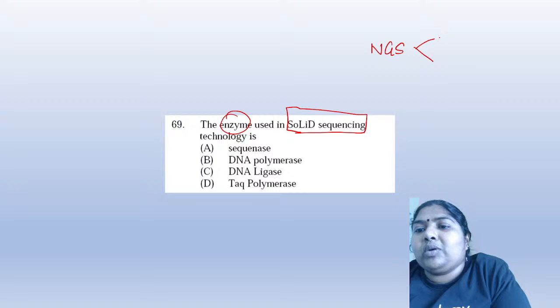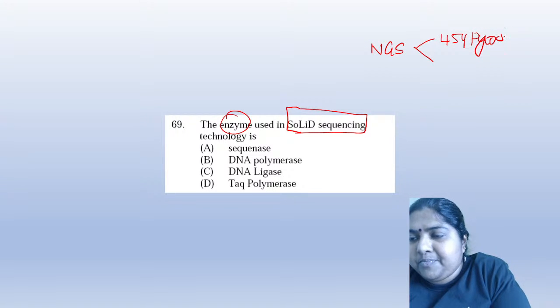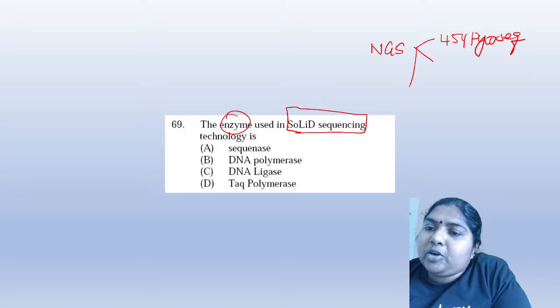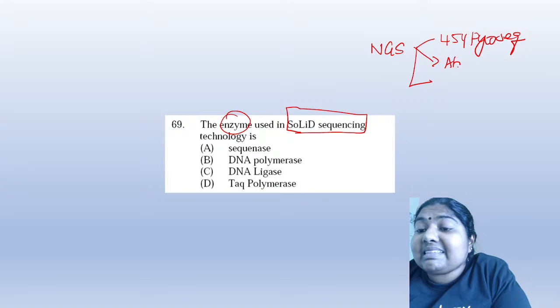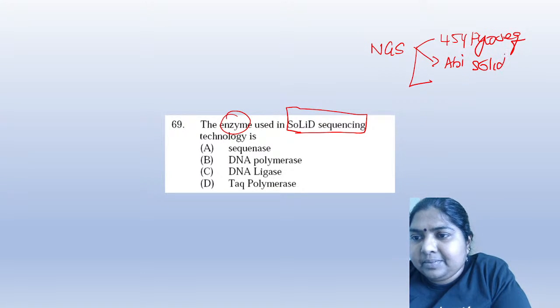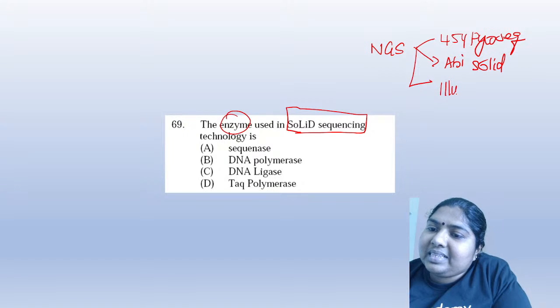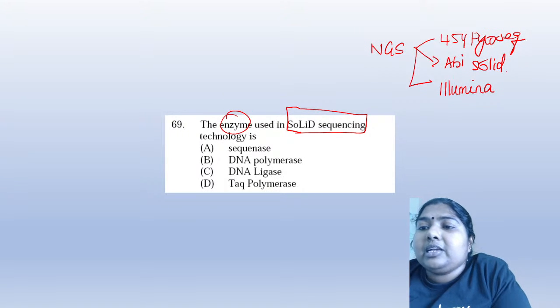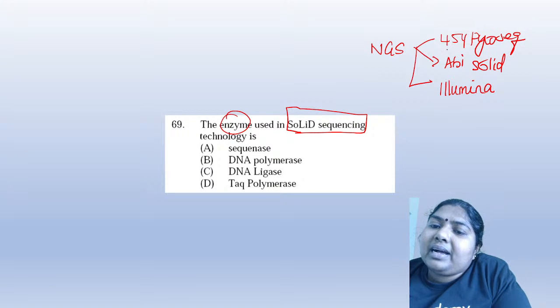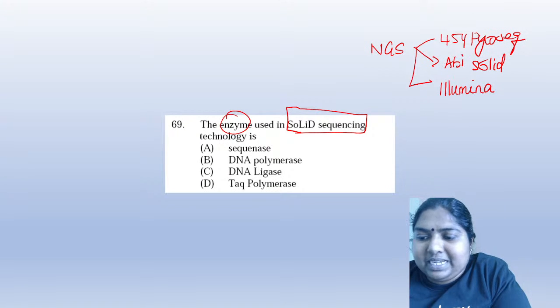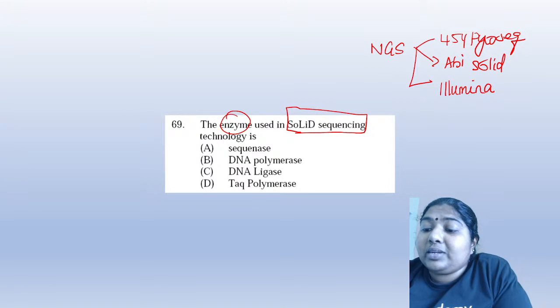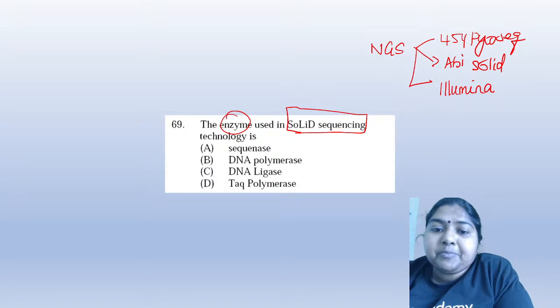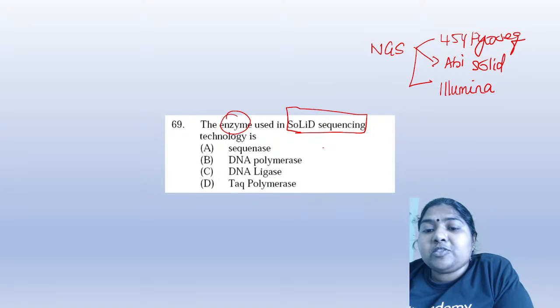Number one is 454 pyrosequencing, number two is the SOLiD method, and then the Illumina method. These three are the key methods usually used, and every year one or the other question will come. In this question, they are asking the enzyme that is used in SOLiD sequencing.